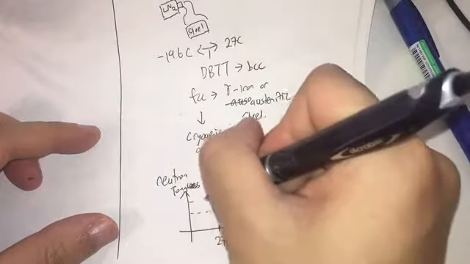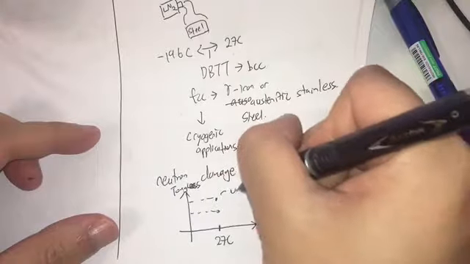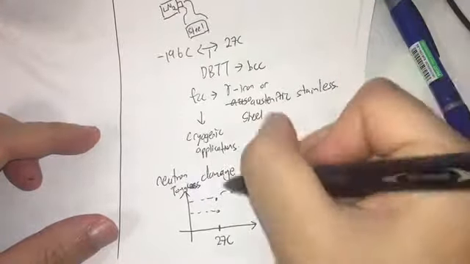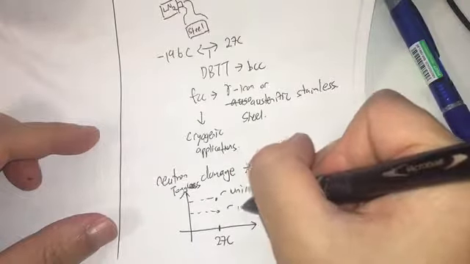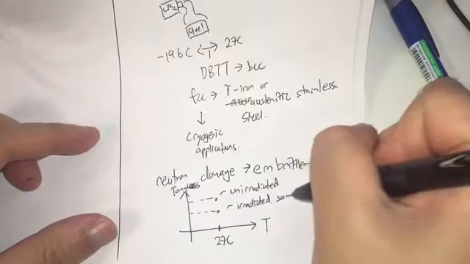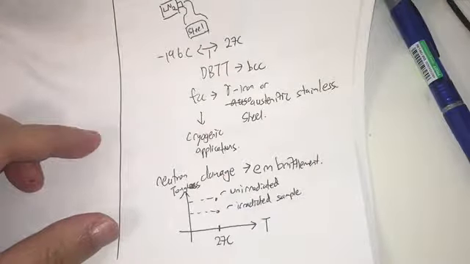So this toughness will drop because of radiation. This is the unirradiated sample, and this is irradiated. So the toughness will decrease for a given temperature.